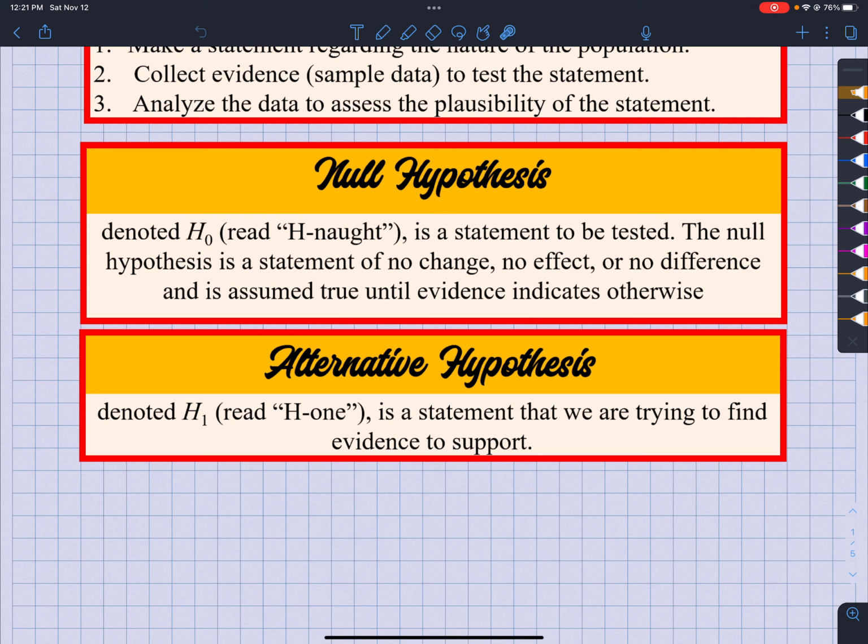Kind of like if you're at the courthouse and you have been charged with something, the null hypothesis is that you are guilty. The alternative hypothesis, which is what your lawyer is trying to do, is to find evidence to support that you're not guilty.